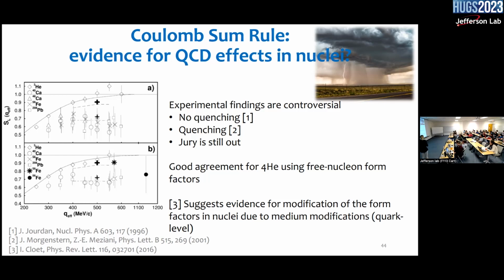So there are a lot of different ideas from theory on this, but the general suggestion is that it could be evidence for the modification of these form factors in nuclei. These form factors we think are all the same, right? We have GE and GM, and they just tell you about these charge distributions, but somehow these charge distributions aren't what we think they are when they're inside of a nucleus.